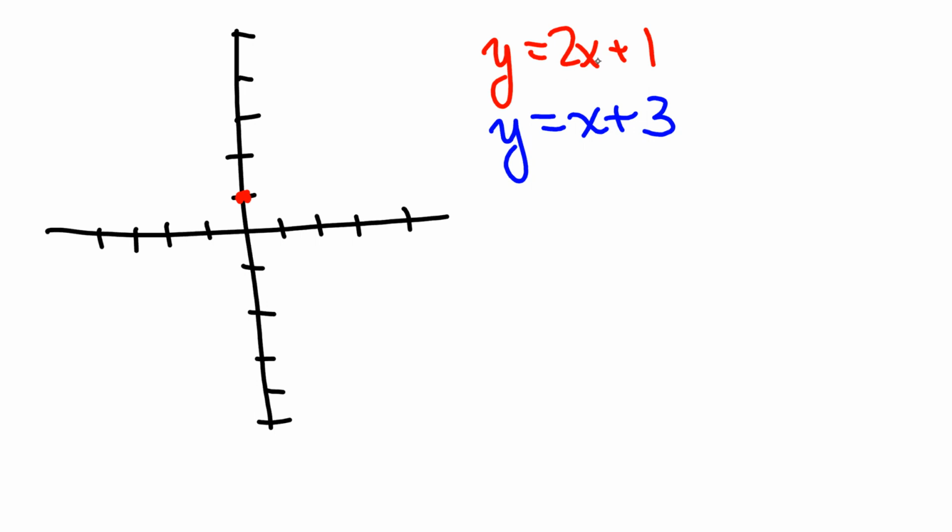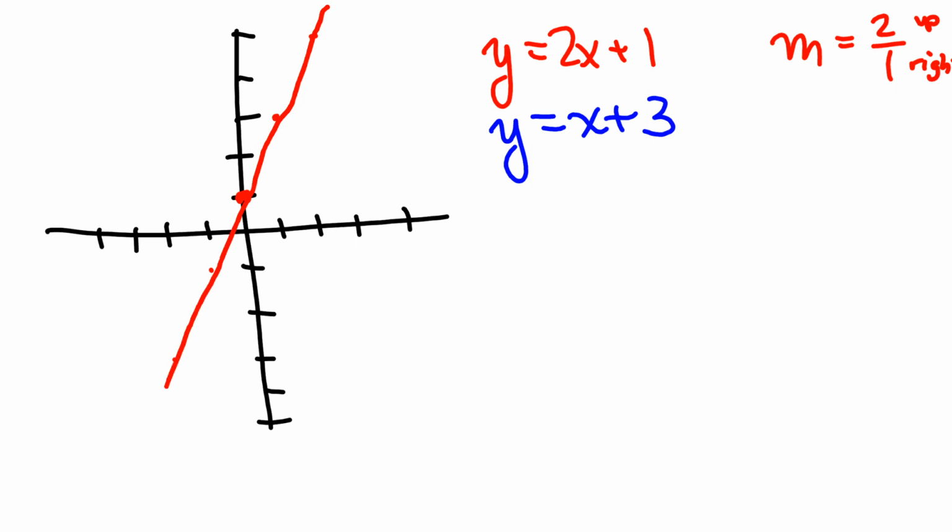And so slope is rise over run. That's up 2 and right 1. So we go 2 up, 1 over, 2 up, 1 over, 2 down, 1 to the left, 2 down, 1 to the left. This is the line y equals 2x plus 1.